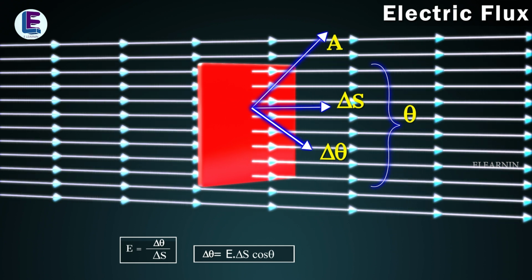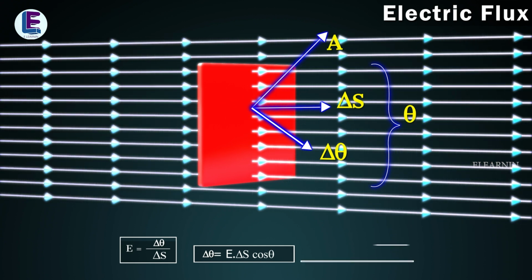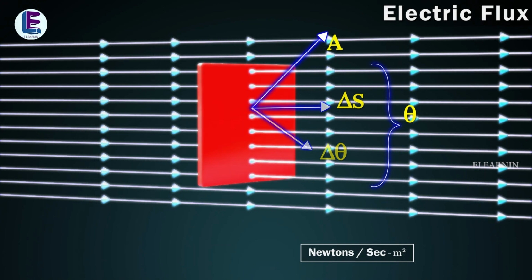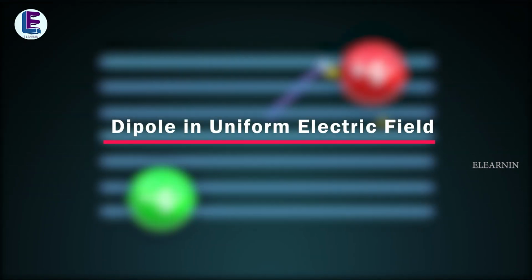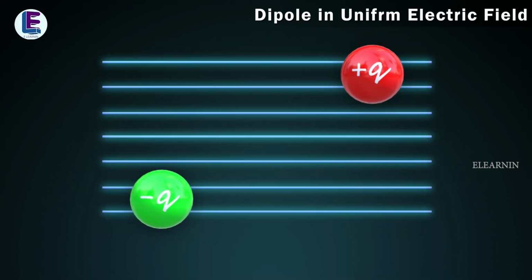The unit of electric flux is newtons per second per meter squared. Dipole in uniform electric field. If we place a dipole with dipole moment P in a uniform electric field, the dipole has charges plus Q and minus Q separated by a distance 2a.